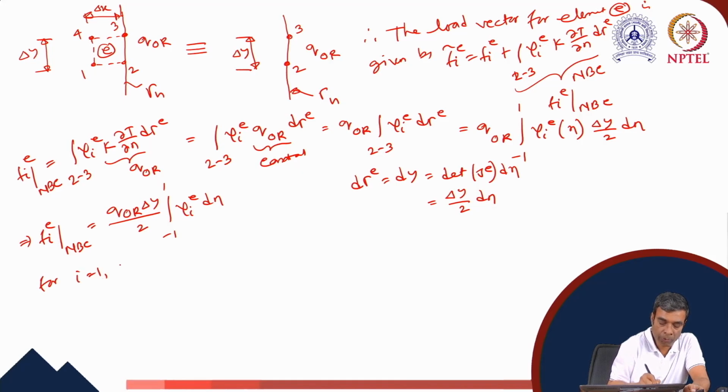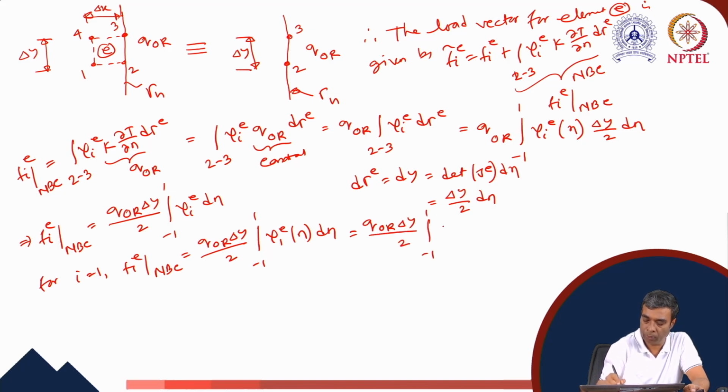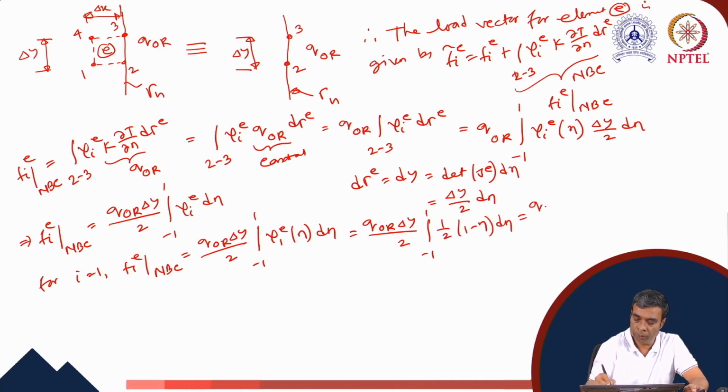For I equals 1, F1E NBC equals Q0R delta Y by 2 integration -1 to 1 psi 1E eta d eta equals Q0R delta Y by 2 integration -1 to 1 half of 1 minus eta d eta equals Q0R delta Y by 4 into eta minus eta square by 2, the limit is -1 to 1.